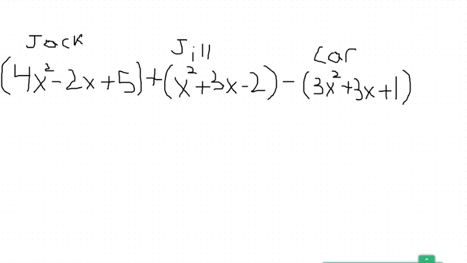So you start by dropping the parentheses. So I'll just get my eraser here. And this is the first step in adding polynomials. And then you are going to want to combine like terms.